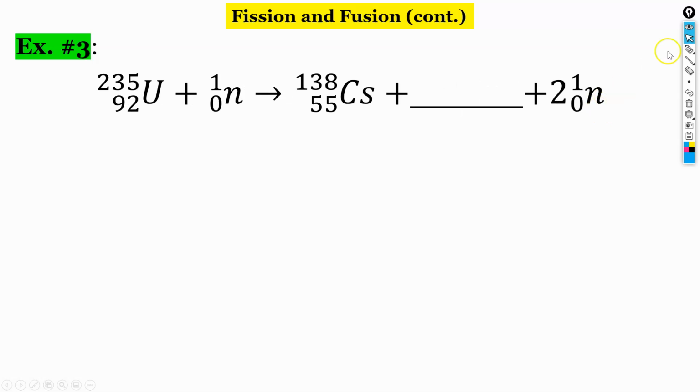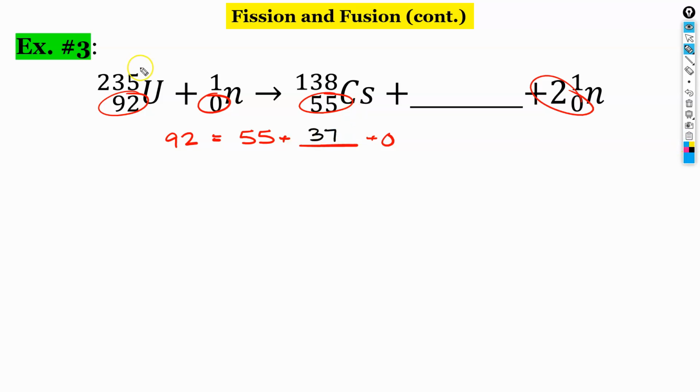All right, here's another example. Again, still approaching this the exact same way. So 92 plus 0 is 92. That's going to be equal to 55 plus some number plus 2 times 0, which is still 0. 92 minus 55 is 37.